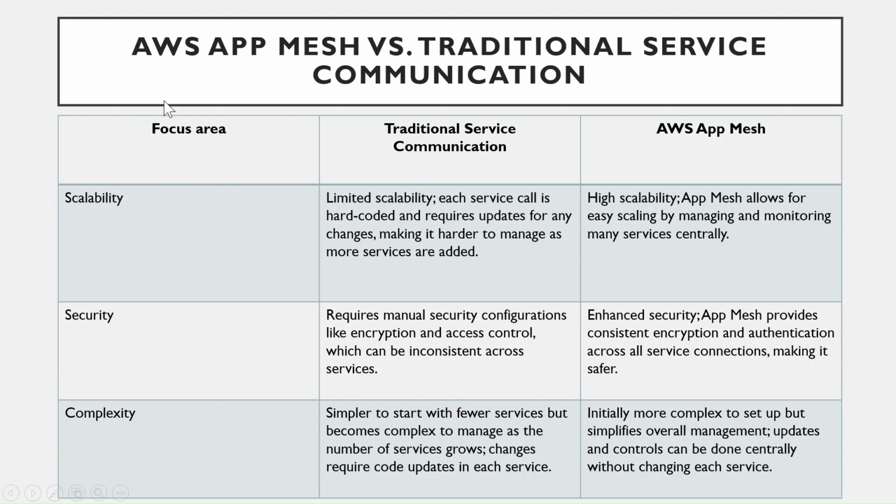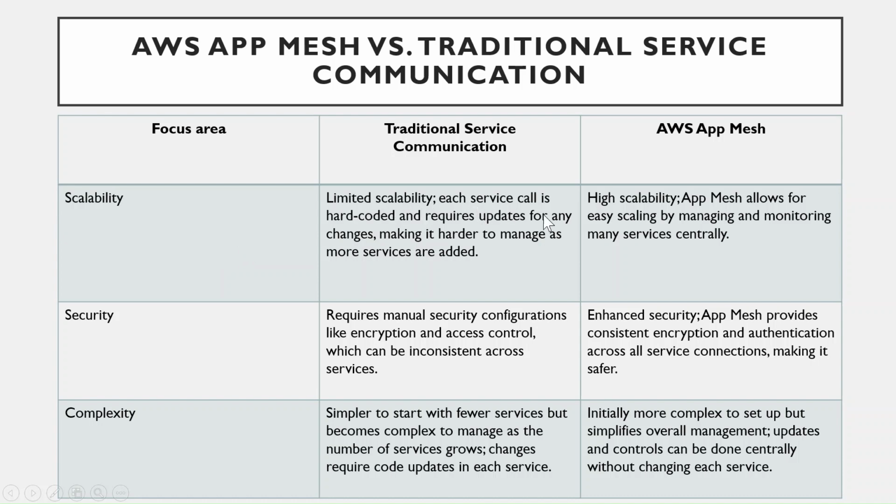Now let's see the difference between AWS App Mesh and traditional service communication. So, firstly, traditional service communication contains limited scalability.